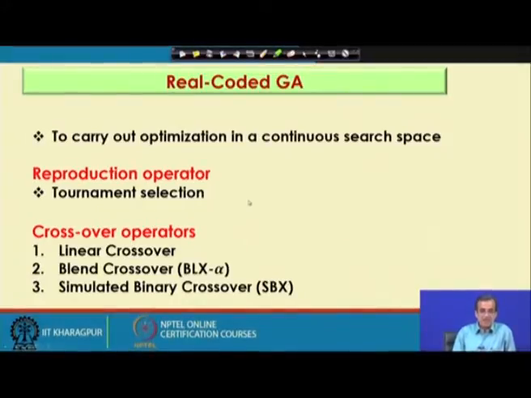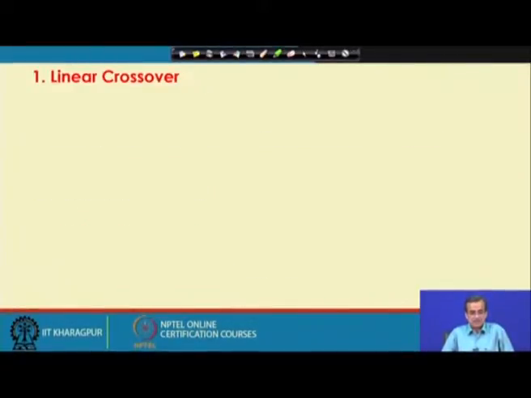If you see the literature in real coded GA, we use different types of crossover operators like linear crossover, blend crossover, BLX alpha, then simulated binary crossover SBX and so on. I am just going to discuss the principle of these crossover operators one after another.